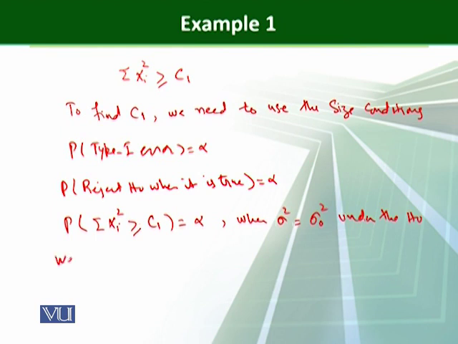We need to find the distribution of sum xi square. So how do we proceed?